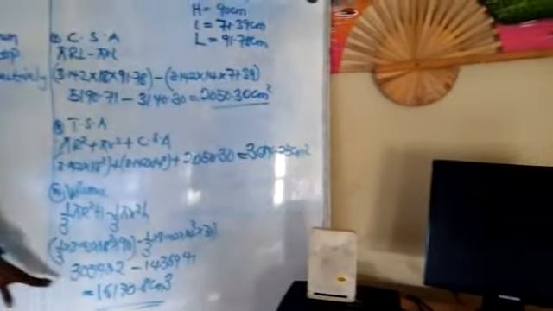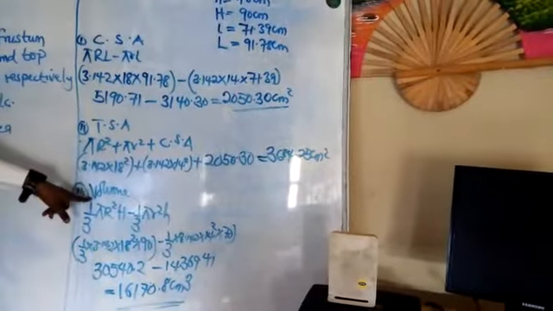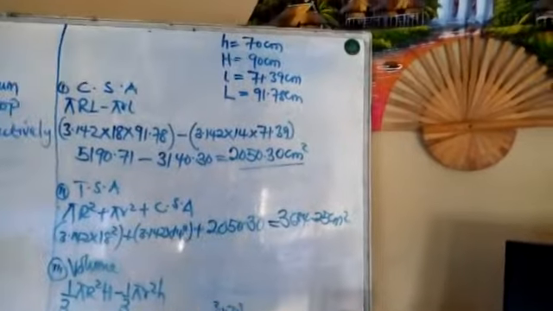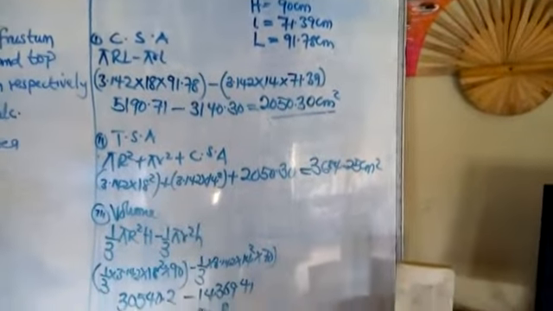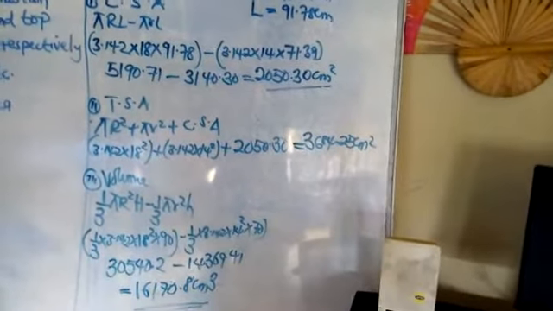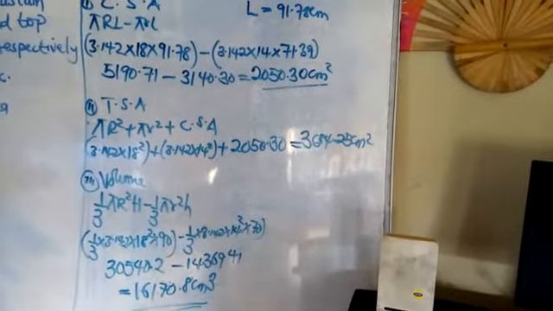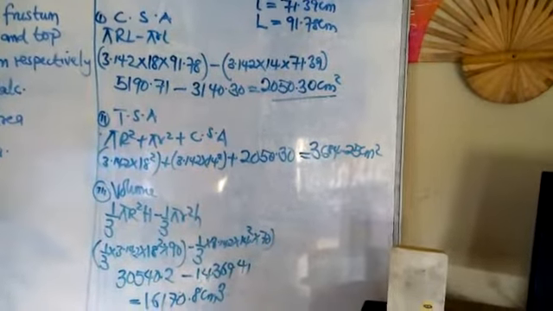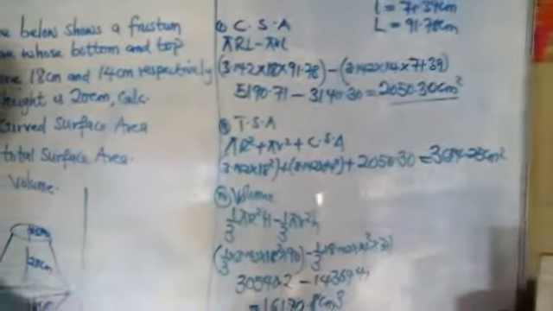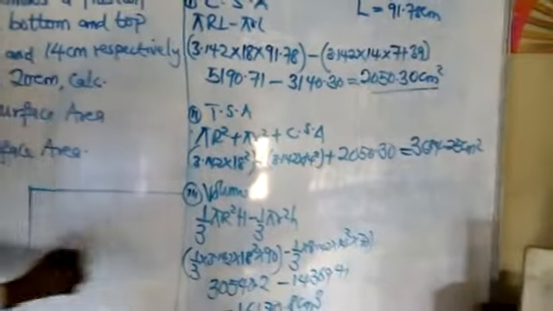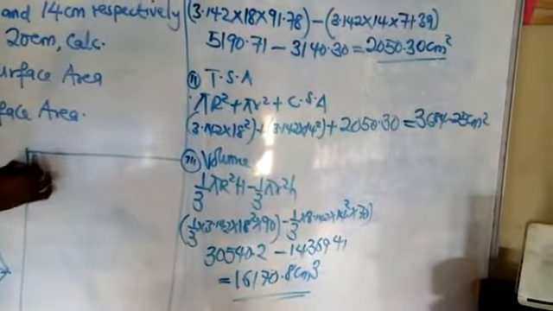But it's always advisable you leave your volumes in terms of liters. Don't forget, 1000 cube centimeter is equal to 1 liter. Let's have the final answer here for volume.